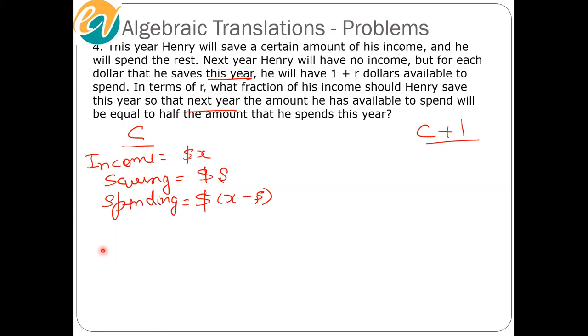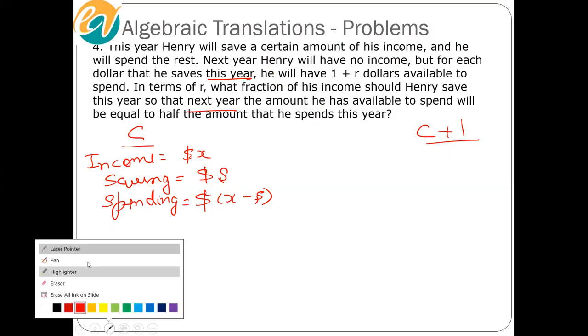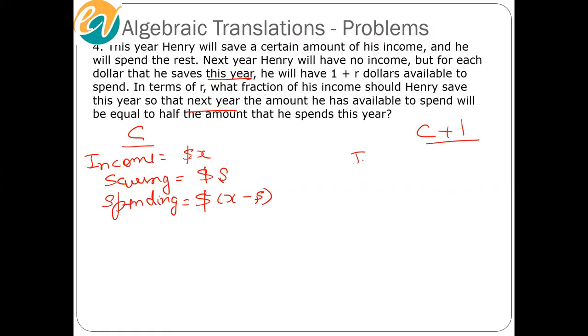Now the question says that next year, Henry will have no income. So again, income is equal to 0. But for each dollar that he saves this year, he will have 1 plus R dollars available to spend. Mind you, we are talking about next year.